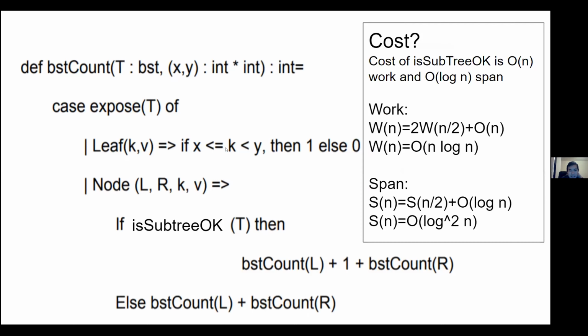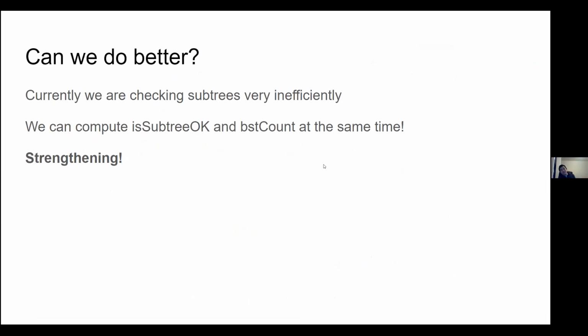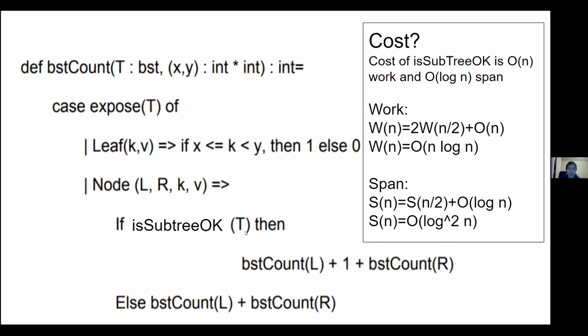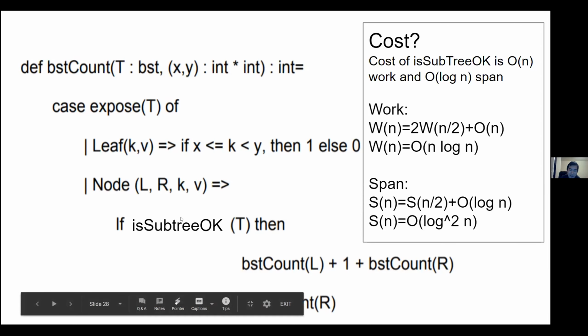Is there any question on this simple approach to this problem? Okay, if not, we can move on. So the question is, can we do better? Right now this algorithm is not very efficient, because when we're doing is subtree okay here, technically is subtree okay recursively computes is subtree okay for L and R internally.